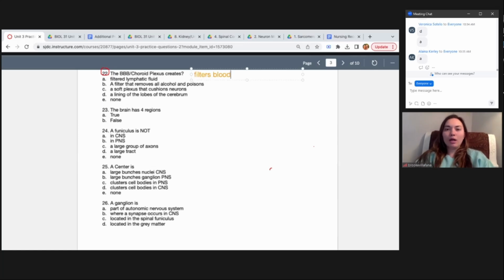It filters blood to create cerebrospinal fluid, which is purified blood.